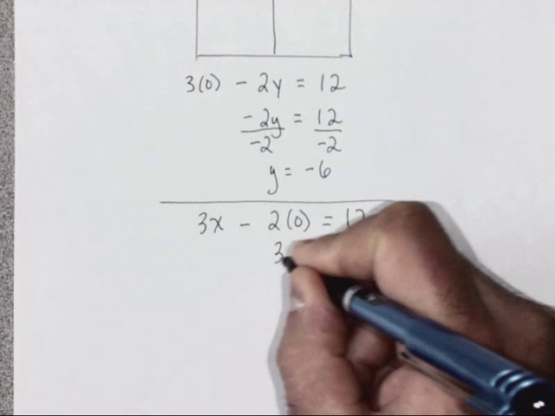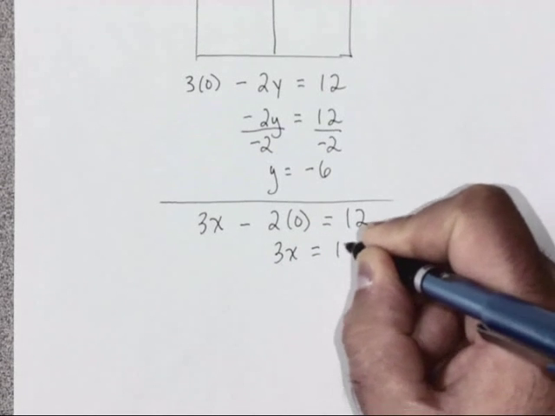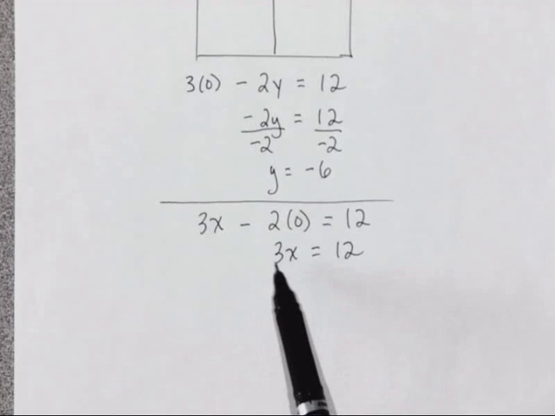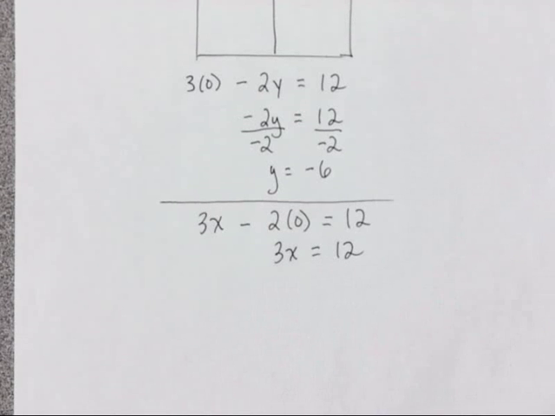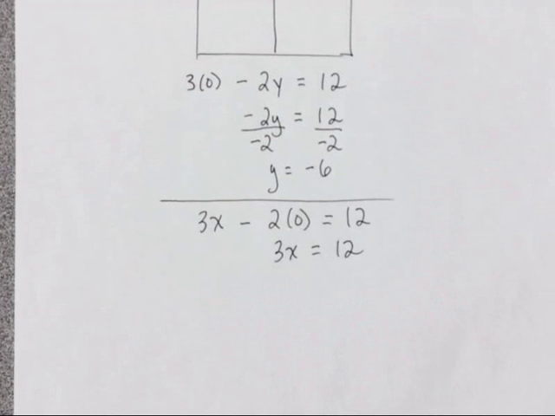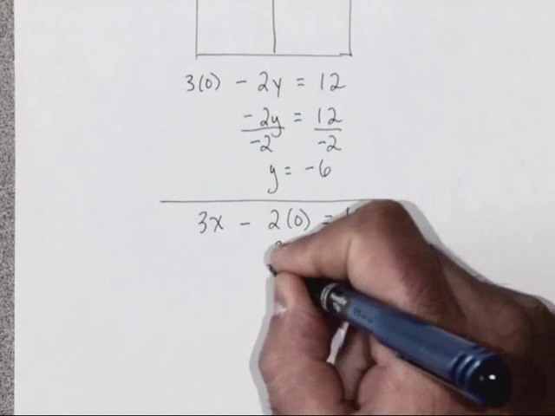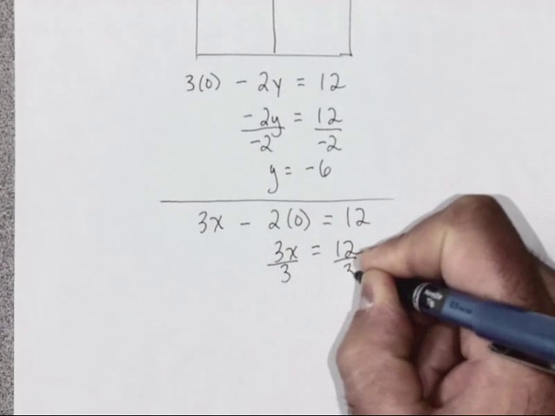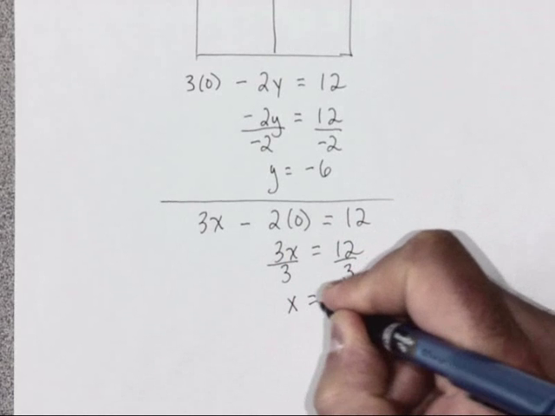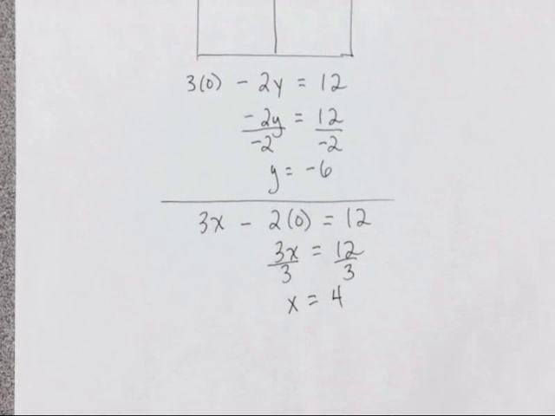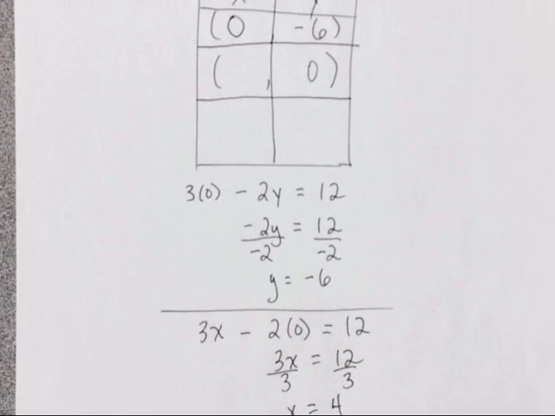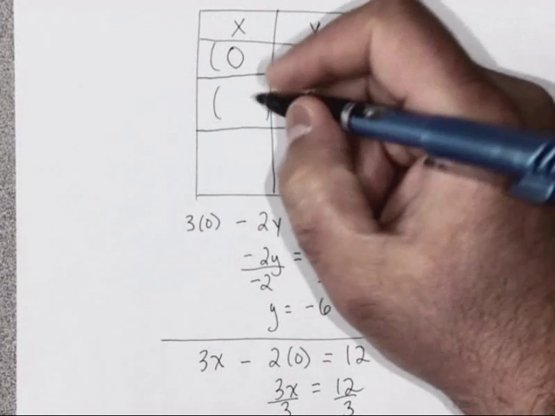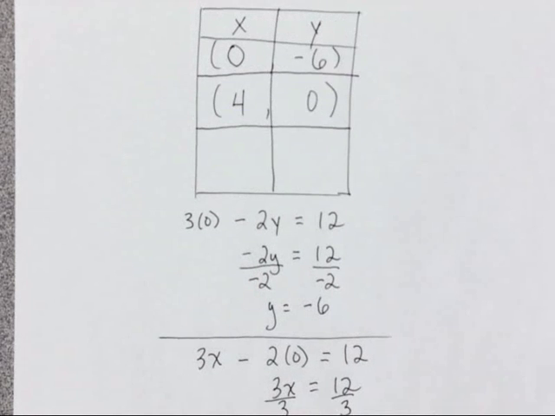So this is going to basically become 3x equals 12, and once again, as long as this coefficient will divide evenly into this number on the other side, I'm good, and that's the case here. So that works out really nice. So divide both sides by 3, so x equals 4. So once again, that gives me a really, really nice ordered pair that I can graph.